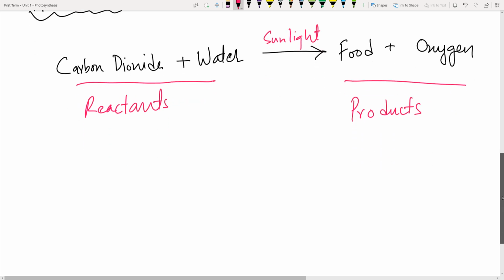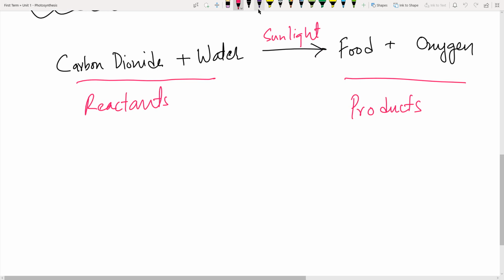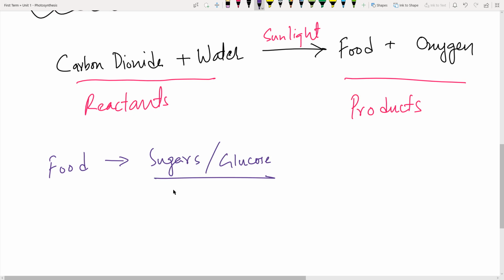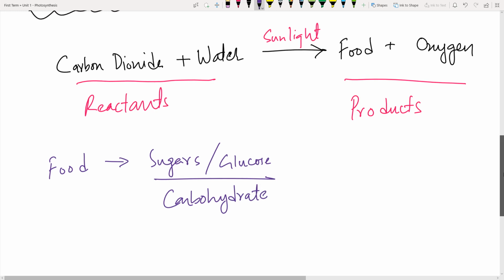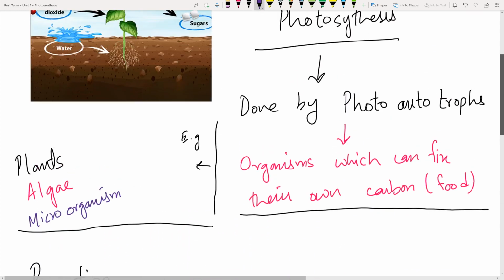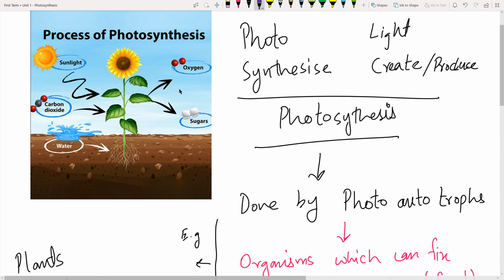In terms of products, we say that the food is usually sugars, like glucose. We usually call them carbohydrates. It could be anything like fruit, leaves, or whatever way these plants are storing the food. We can see in this diagram that the sunlight is taken by the leaves. The leaves also absorb carbon dioxide from the air.